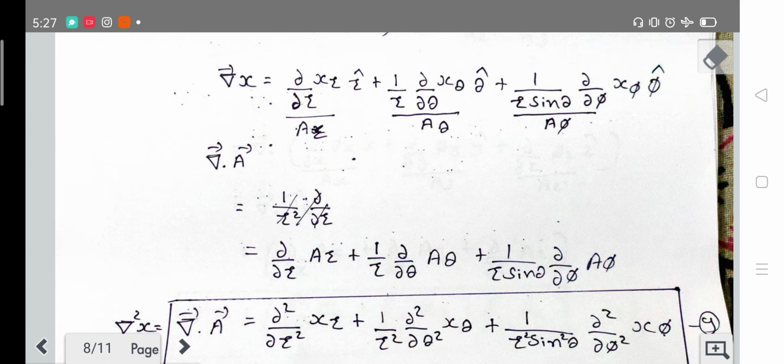So this will be the Laplacian of x in spherical coordinates.